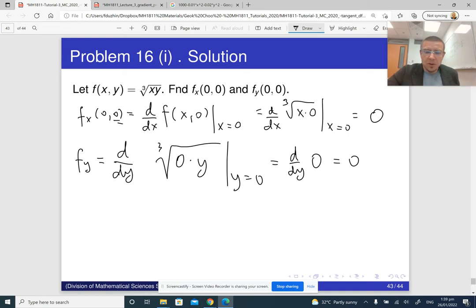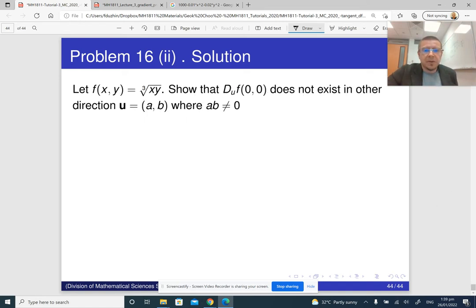How do we do the second part? In the second part we need to show that the directional derivative does not exist in any other direction. Since this is the directional derivative, at the same time a square plus b square should be 1.